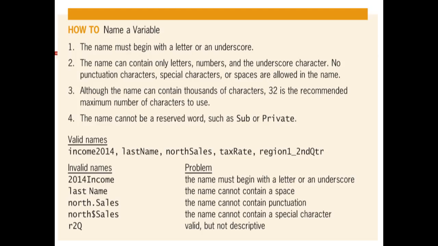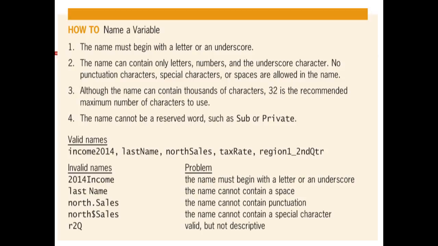Okay, so now that we have that out of our way, what are the rules in naming a variable? Well, the variable can only begin with either a letter or an underscore. So no numbers, no spaces. It can only contain letters, numbers, and the underscore character. So again, no special characters like an exclamation mark or quotation marks.